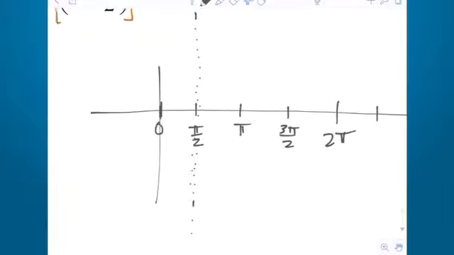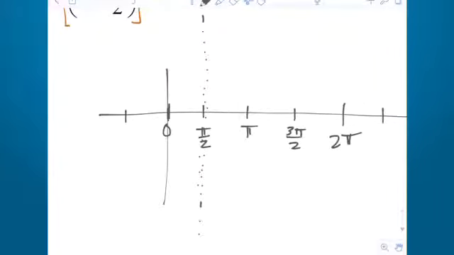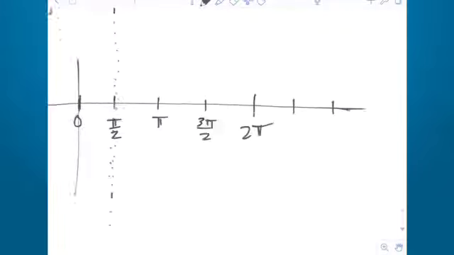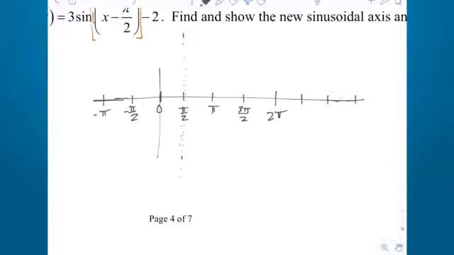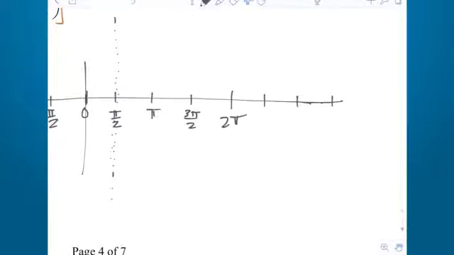Don't forget we still have 0. There would be negative pi halves. I'll add one more to the left here. It would be negative pi. And what the heck, one more out to the right. So now we just label them by counting by pi halves. So 3 pi halves, 4 pi halves, this would be 5 pi halves, 6 pi halves, 7 pi halves.